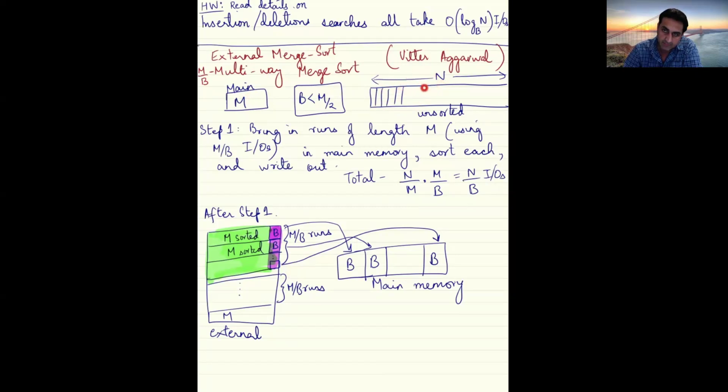And then I take the next M things, I pay M over B IOs, bring them in sizes of B. Once my memory load is full, I sort it, I write it back where it came from. So every chunk of size M, I pay these many IOs to sort it, and there are these many chunks. So in total, I pay N over B IOs, and now I have every chunk of size M sorted. Is step 1 clear?